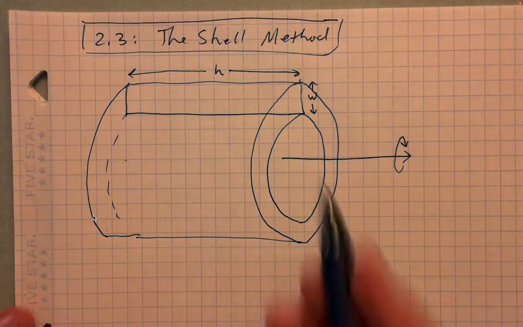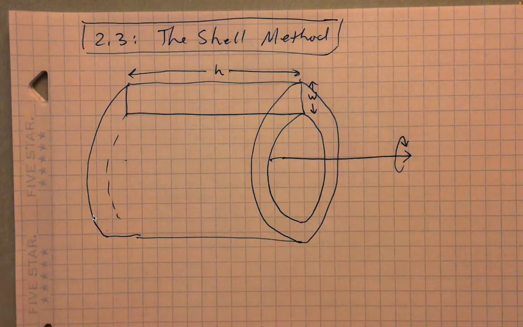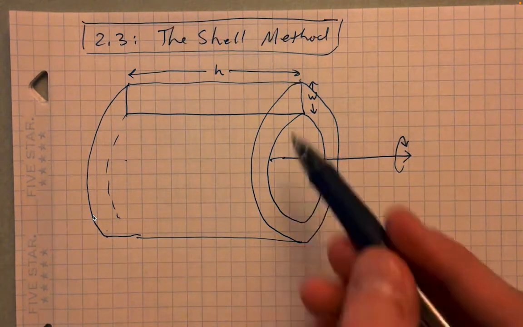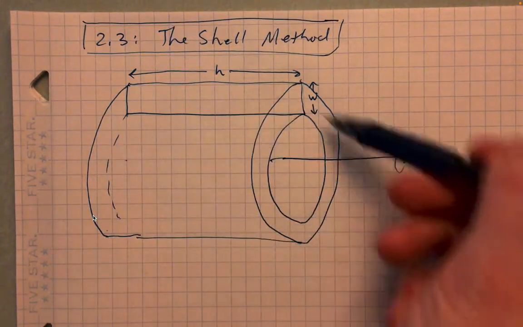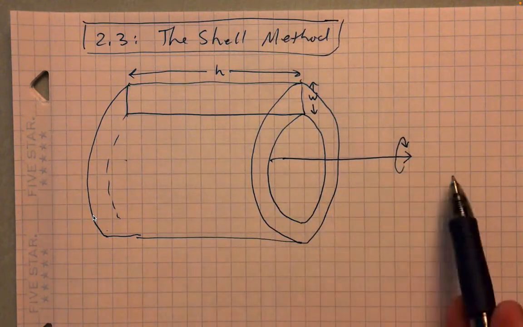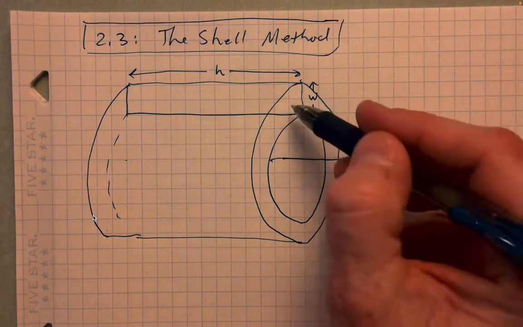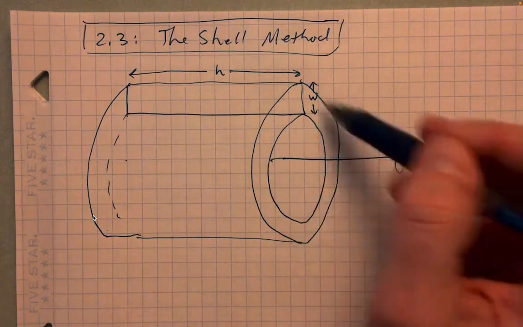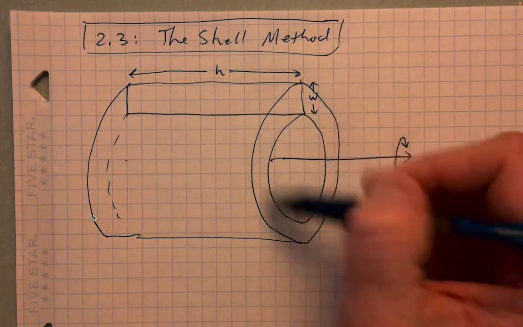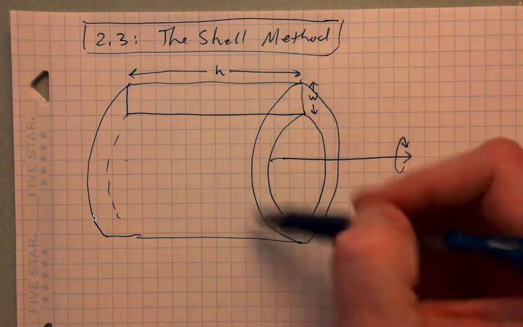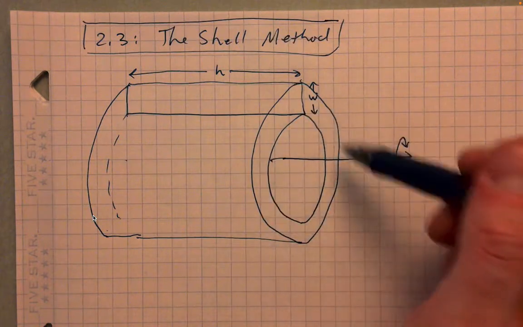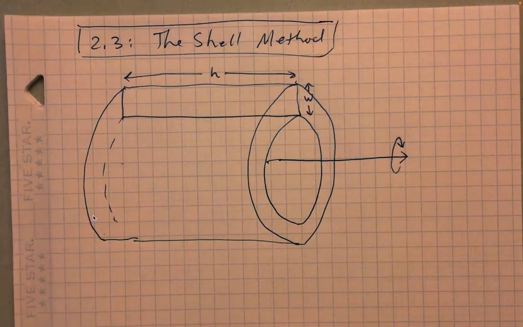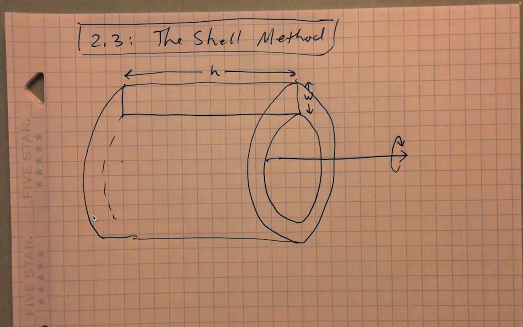So we can picture this: it's this longer rectangle rotating around this axis of revolution, and it's called the shell method because you create a shell like this. This sort of hollow cylindrical object is called a shell. That's what we mean by the word shell.